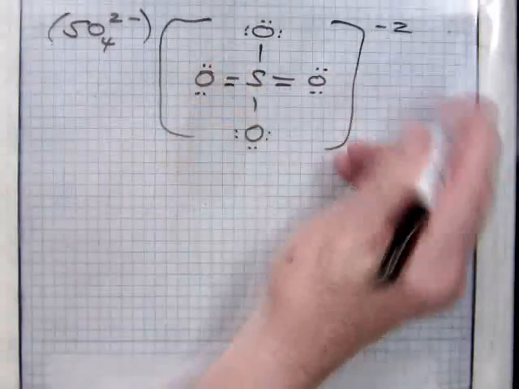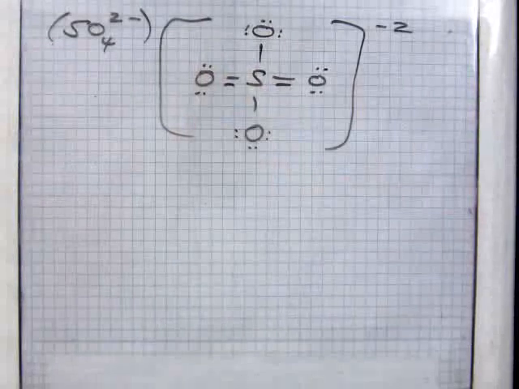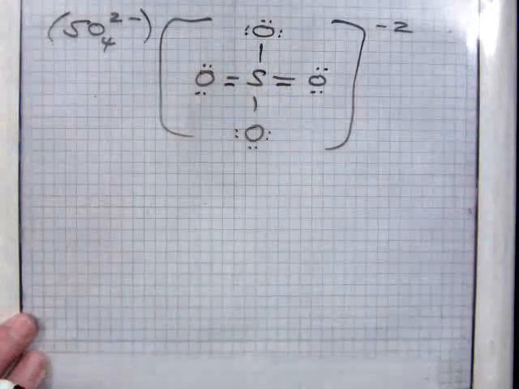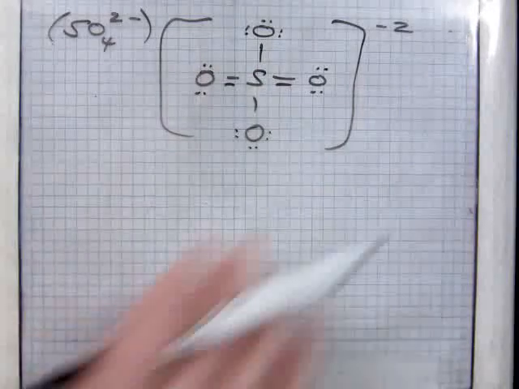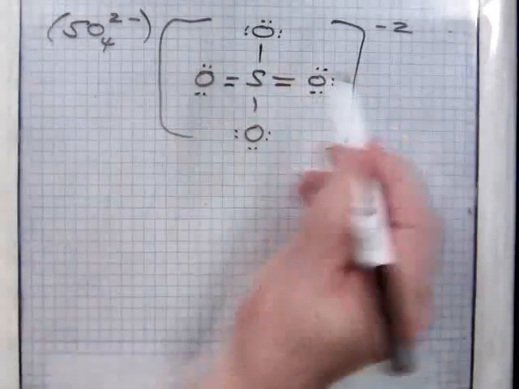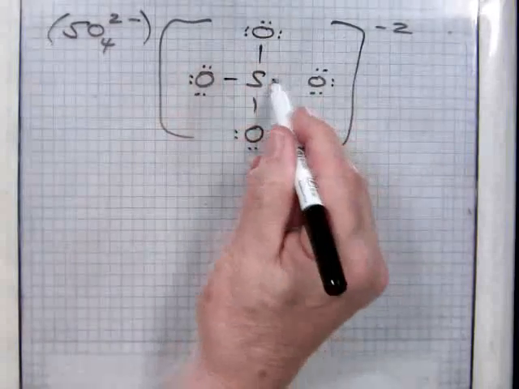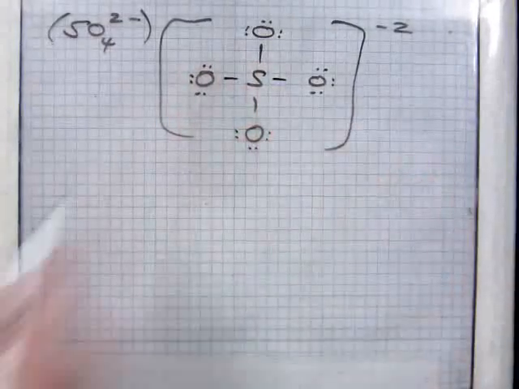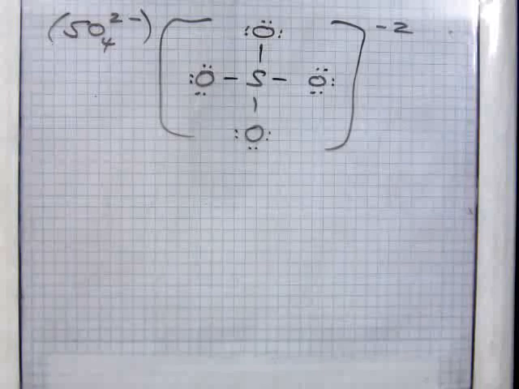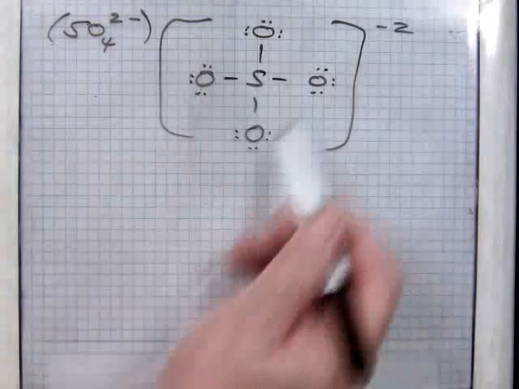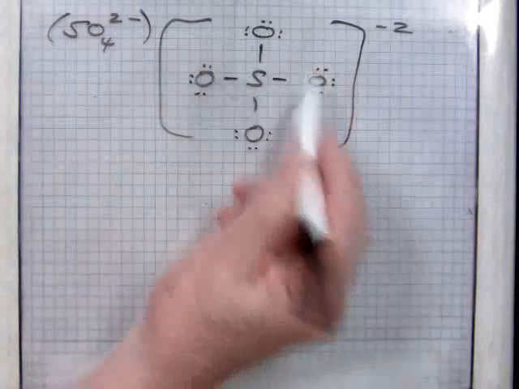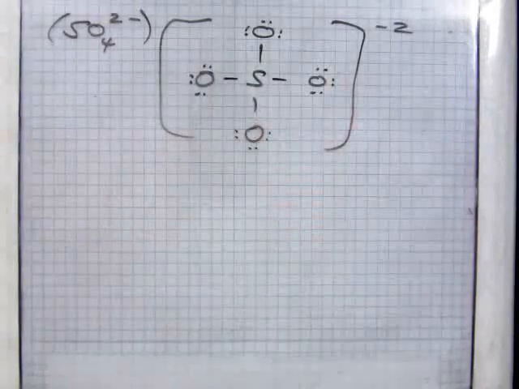And you got an overall -2. Tell you what, I'm going to make it even more interesting. Take these out. Like that. So you have 4 sulfur-oxygen structures, and all we're interested in is each one going around, and then the sulfur in the middle here.